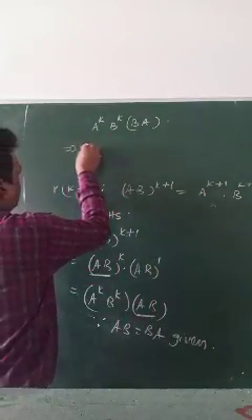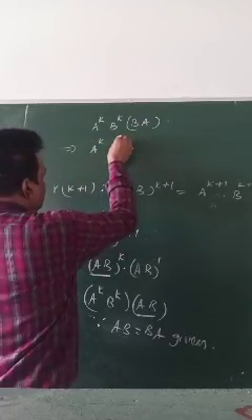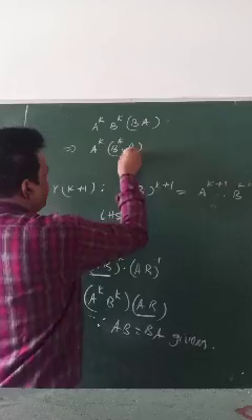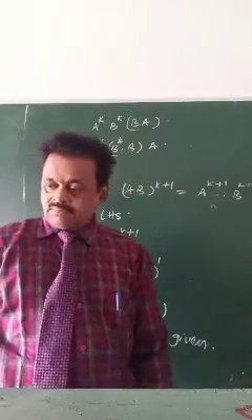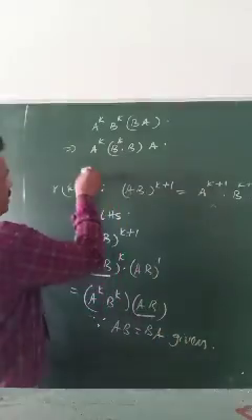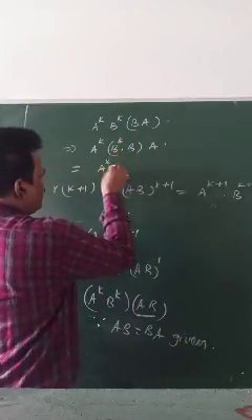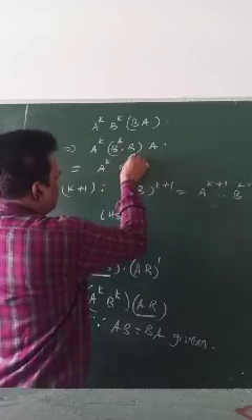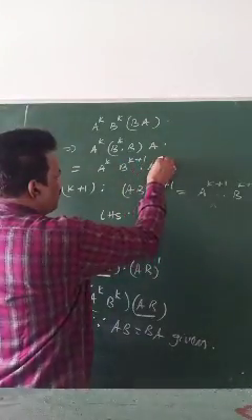Then that gives you A^k B^k into B, into A. Then combine here: A^k B^(k+1) into A.